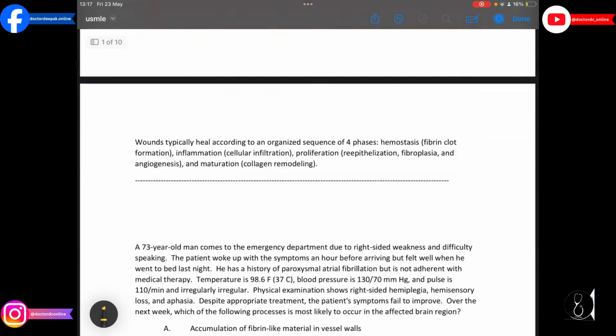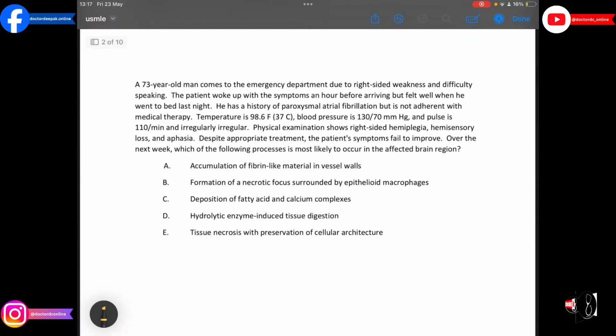Now moving to our next question. A 73-year-old man comes to the emergency department with right-sided weakness and difficulty speaking. The patient woke up with the symptoms, but felt fine when he went to bed last night. He has a history of paroxysmal atrial fibrillation, but is not on appropriate medical therapy.